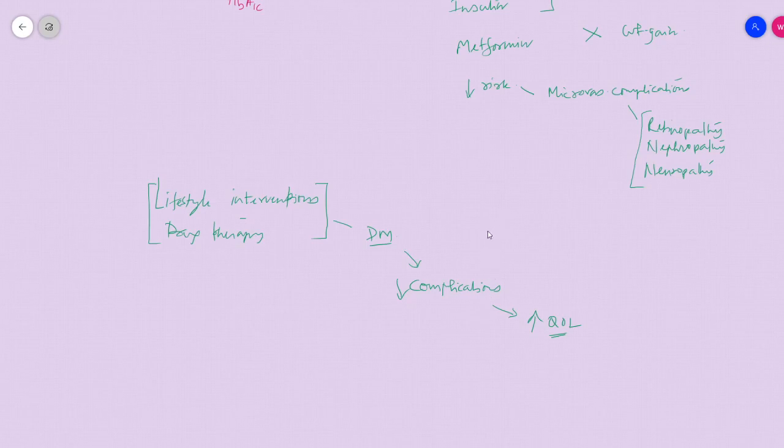It also sets the goal for treatment. That is why the clinical studies are important, the importance of the landmark clinical studies.